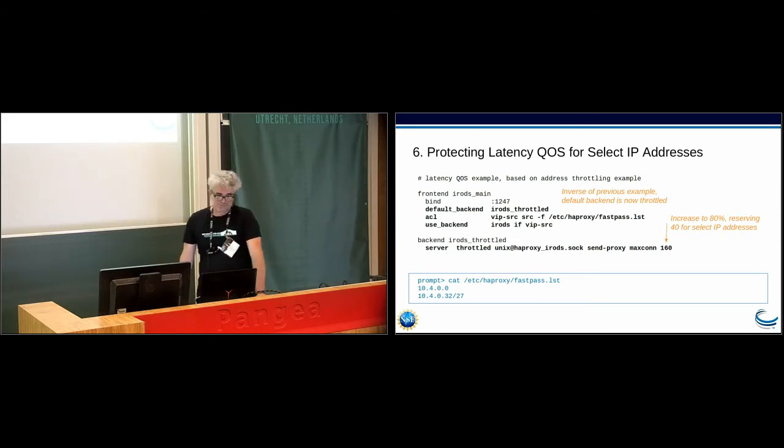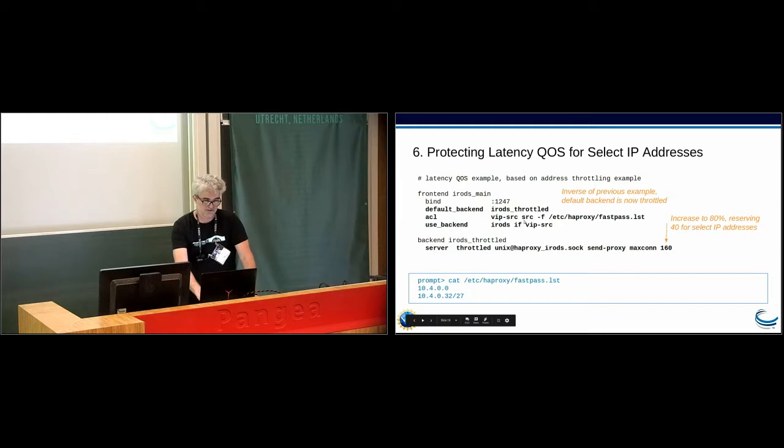So I think it's fairly obvious what you do. In this case, you create a file. I've called it fastpass.lst, and you list the IP addresses in it that are protected. You can list both single IP addresses and IP address ranges. And the ACL with the source term, with a -f, means use this file for defining what a source is.